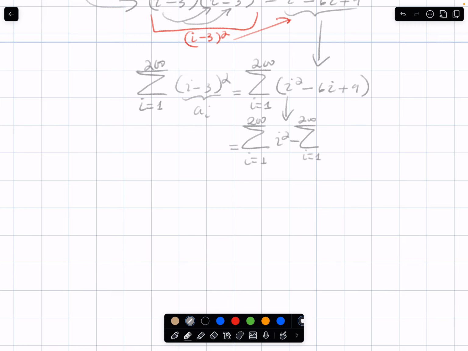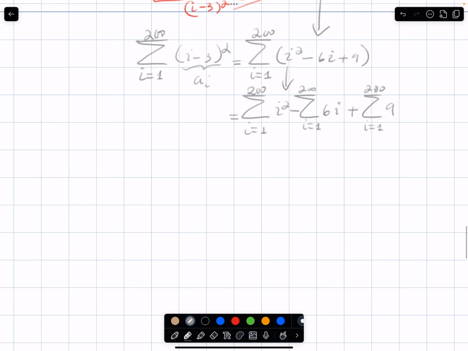That's the proper way of saying it. And then plus the summation of 1 all the way to 100 of 9, right? So now we have some properties now to use, right?